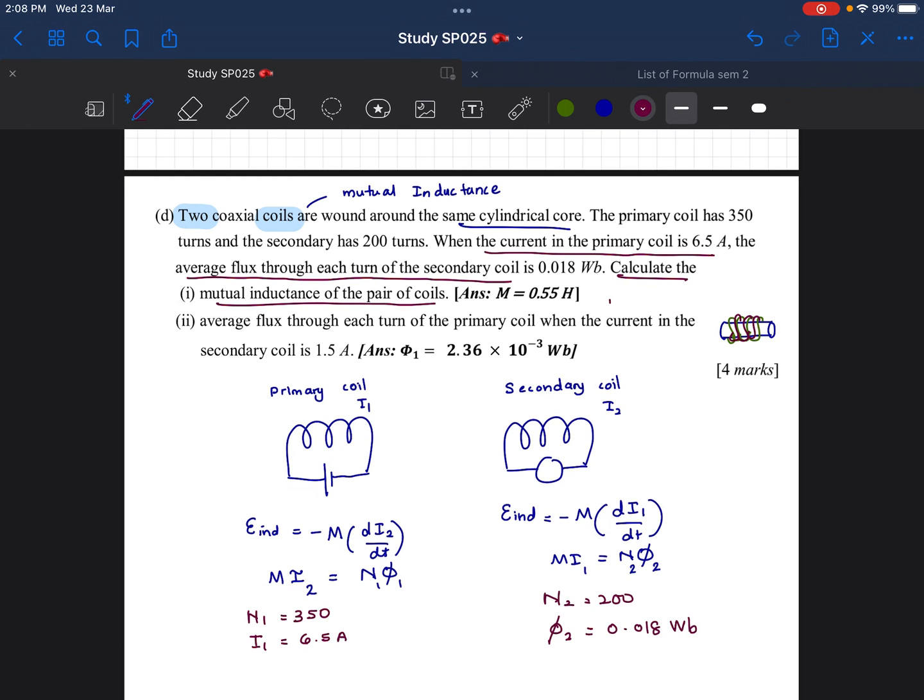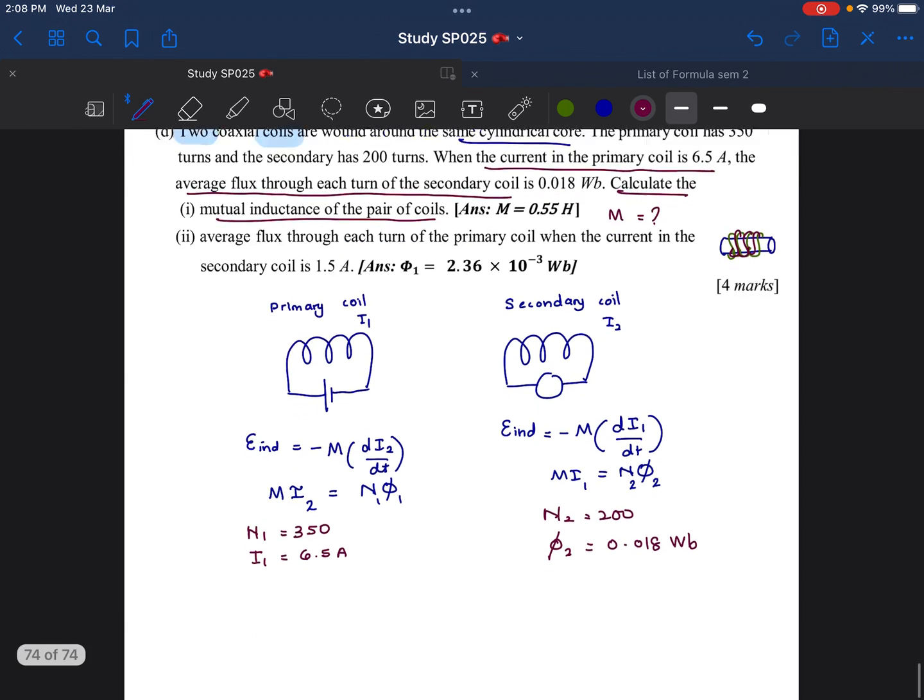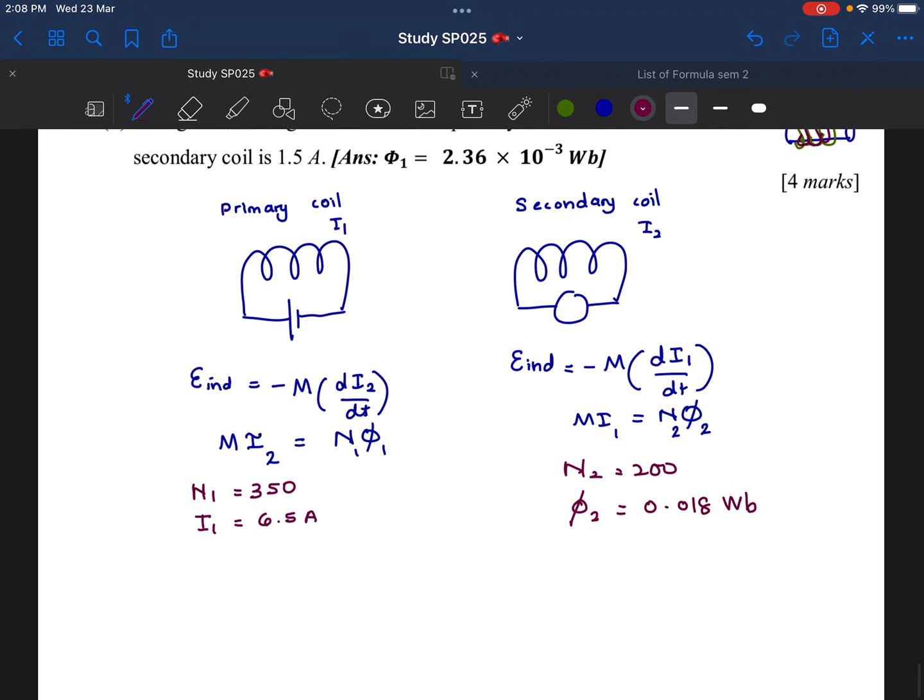So calculate the mutual inductance. It wants the M. So tengok apa yang kita ada kat sini. We have I1, we have N2, magnetic flux 2. We want to find the M. So I think we can use this one, M I = N phi.